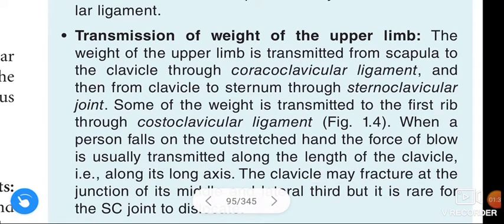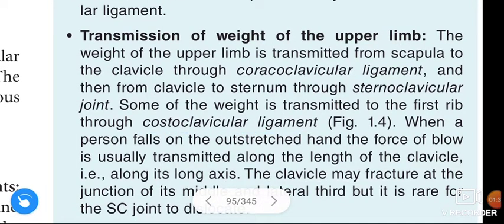Next, the costoclavicular ligament connects the clavicle and first rib. Through this costoclavicular ligament, weight is transmitted from clavicle to first rib.